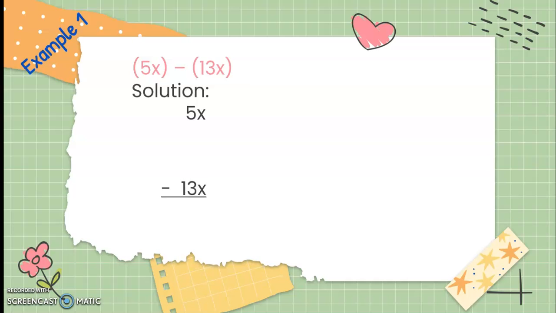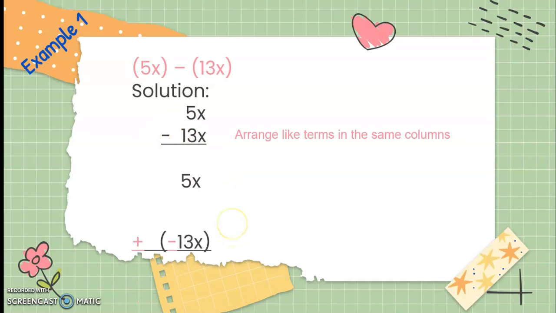Okay, so next we have minus 13x. So, 13x here is the subtrahend. So, we have arranged like terms in the same column. So, what we are going to do now is to copy 5x, kay minuend na siya, and then change the sign of the subtrahend.